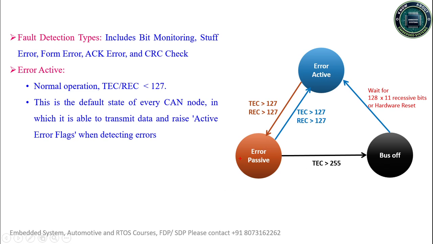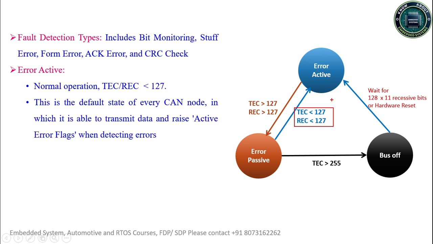Now what do you mean by active state here? The blue color circle you're seeing here: whenever TEC and REC, nothing but transmit error counter and receive error counter, are less than 127, then that state is called active state. So what do you mean by error active state?